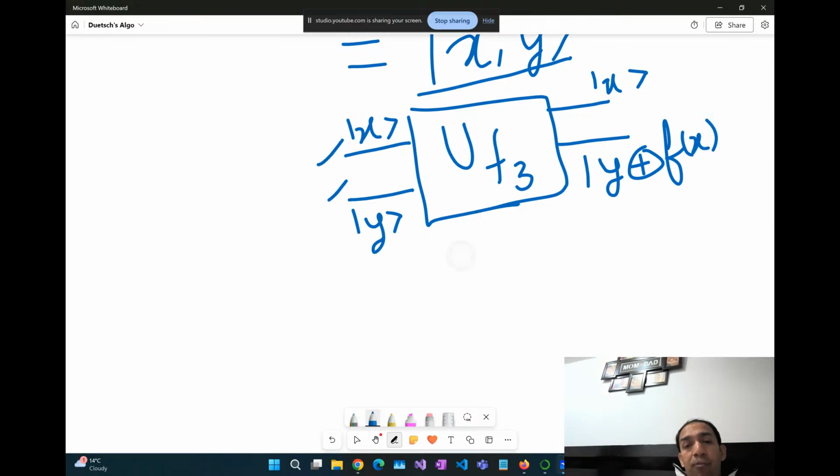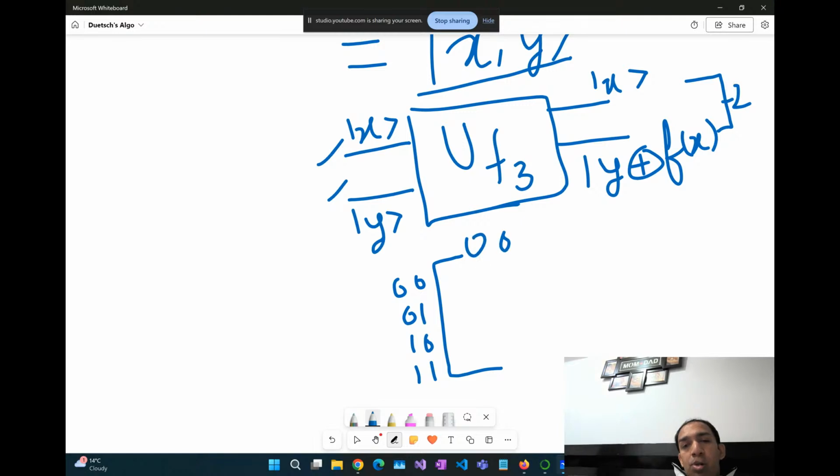And of course, the matrix will have inputs as 0, 0, 0, 1, 1, 0, 1, 1. And because the output also has two qubits, you may have output as 0, 0, 0, 1, 1, 0, 1, 1. So these are the possible outputs you may have.